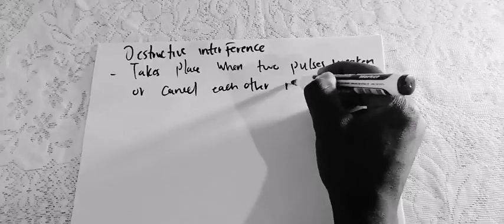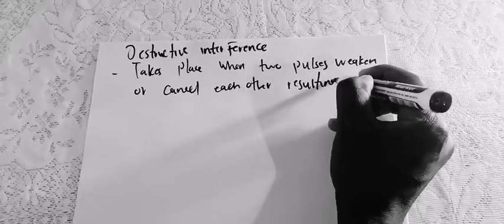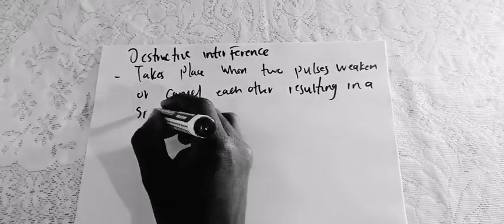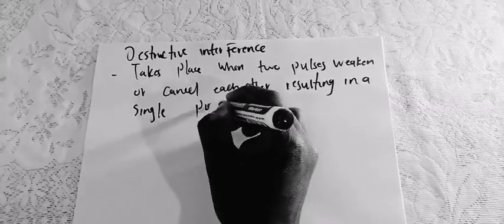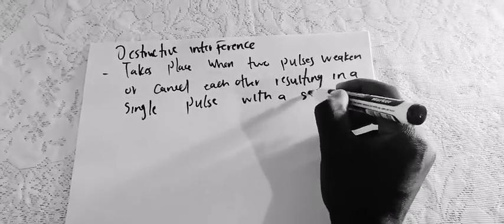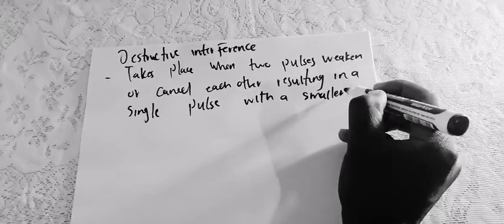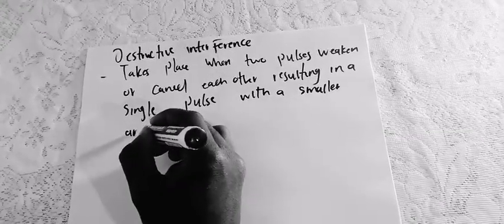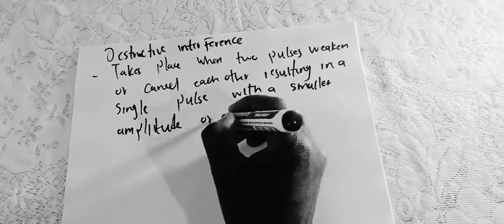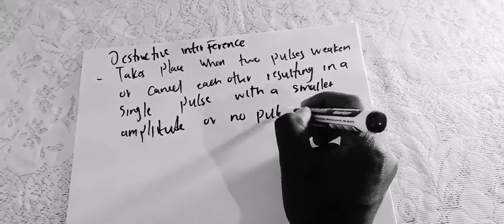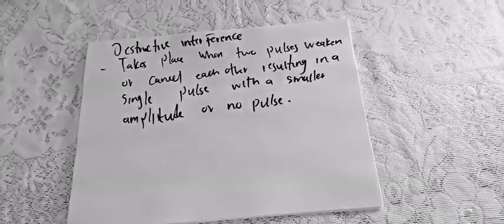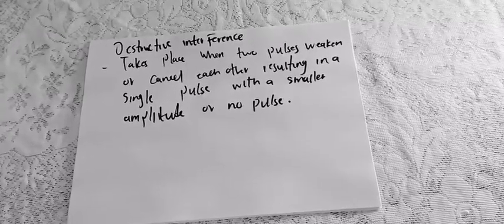They will cancel only if the lengths of the amplitudes are equal to each other, resulting in a single pulse with a smaller amplitude. Remember, constructive with a greater amplitude, but destructive with a smaller amplitude, or no pulse. It is no pulse when the amplitudes cancel each other if they have the same length of the amplitude.